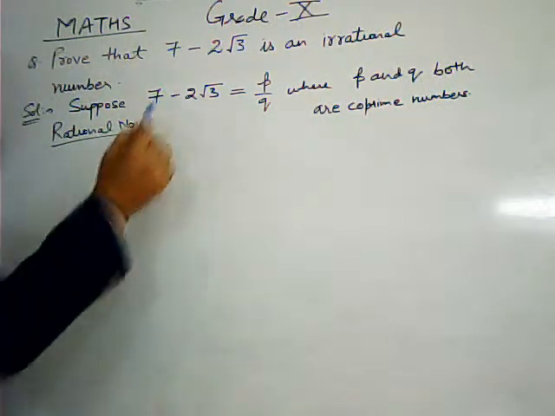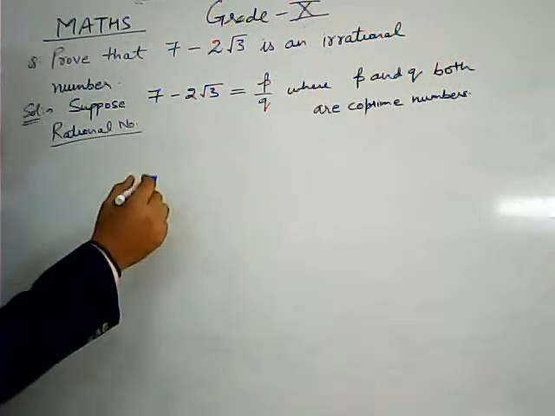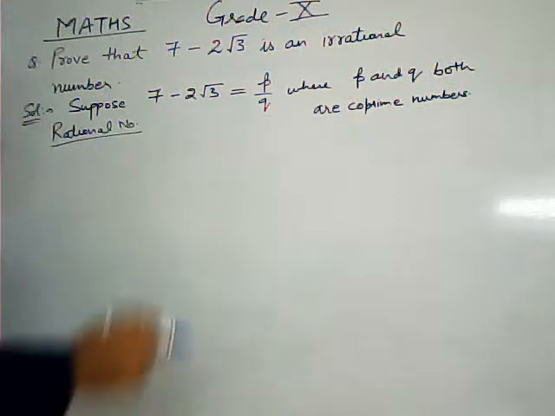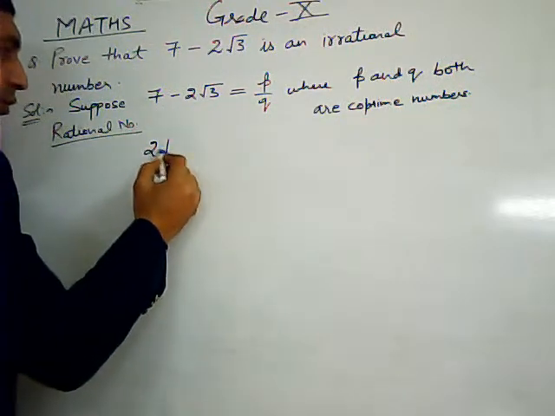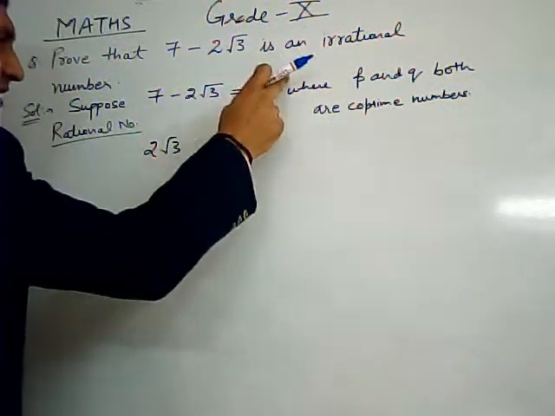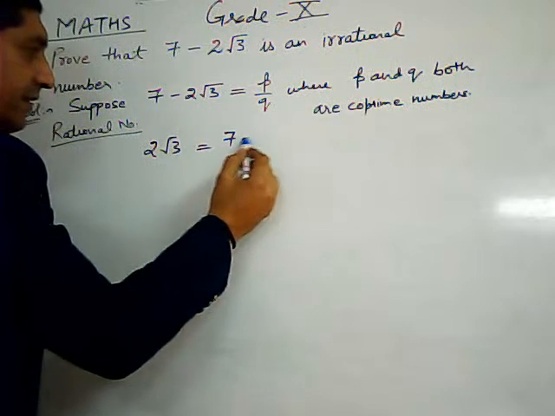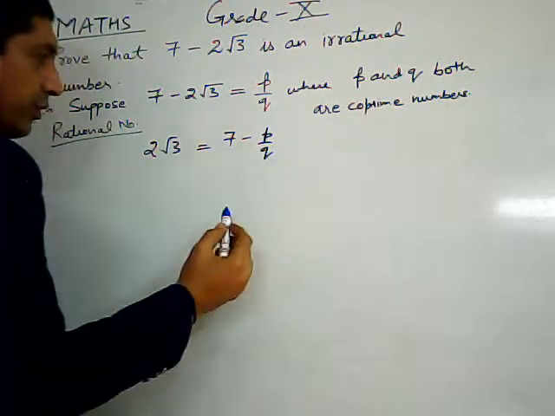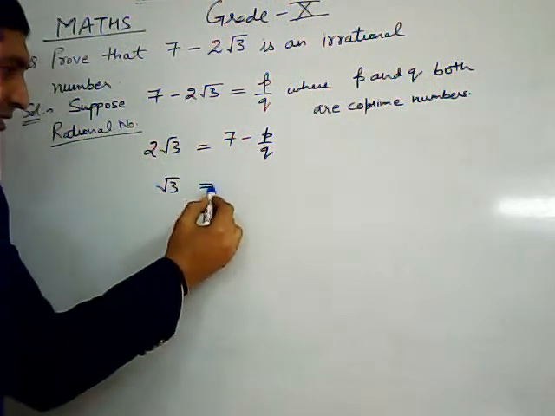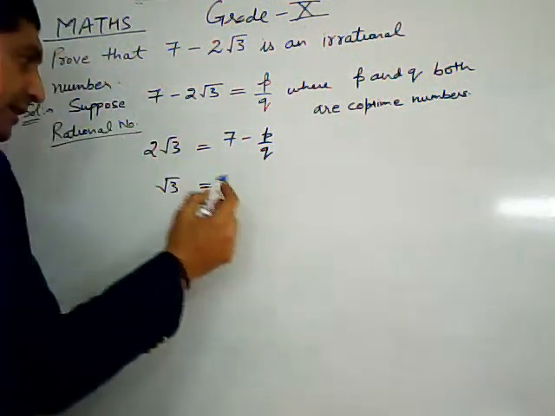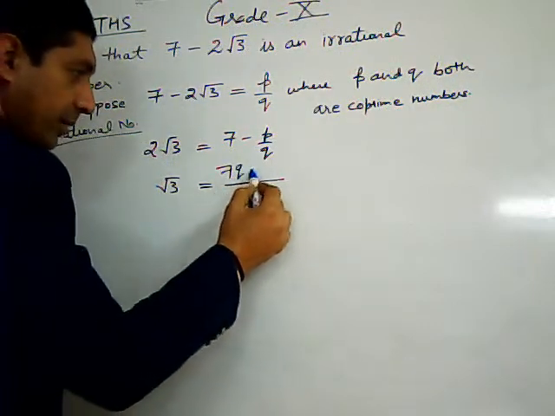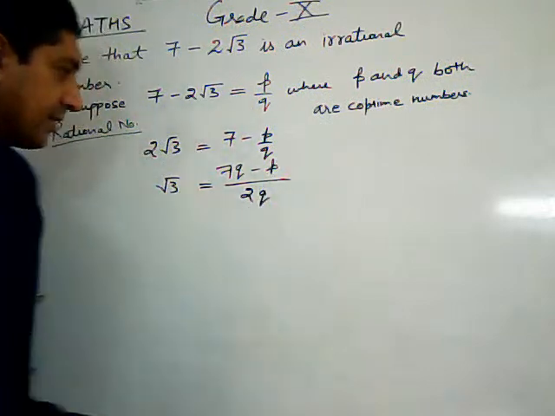So we can write 7 minus p upon q, just interchanging the sides, equals 2 root 3, or root 3 is equal to (7q minus p) upon 2q.